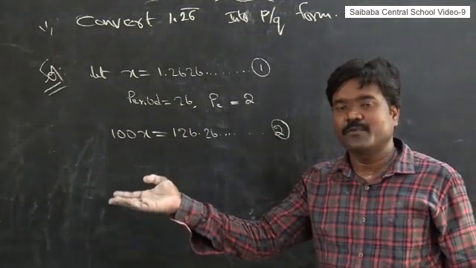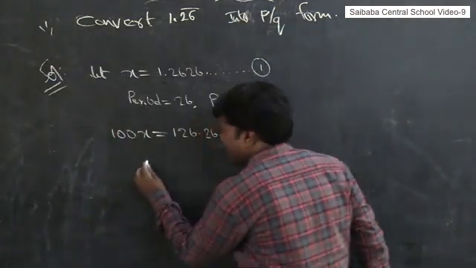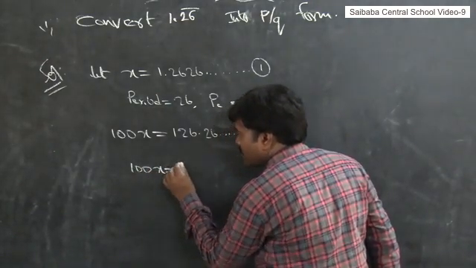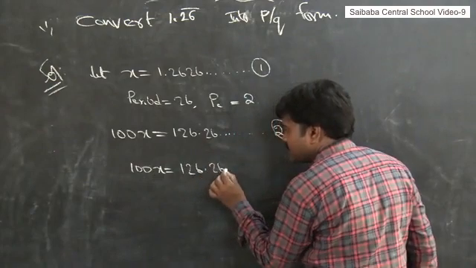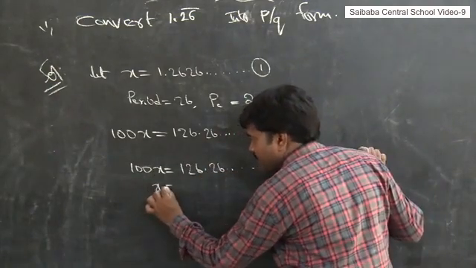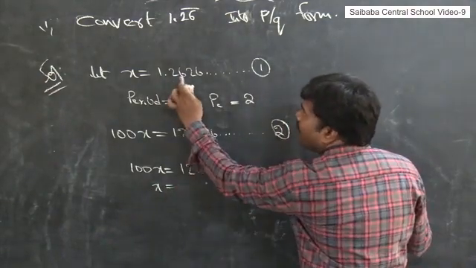Once you recall the previous problem, what do we do? 2 minus 1. Second one: 100x is equal to 126.26 and so on. X is equal to, first one, 1.26.